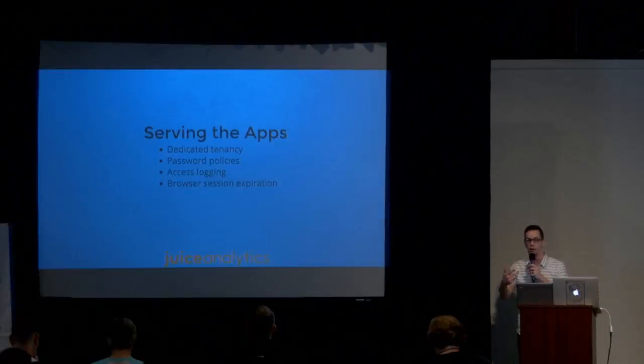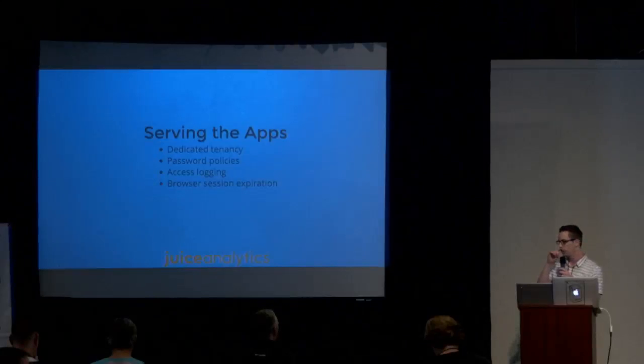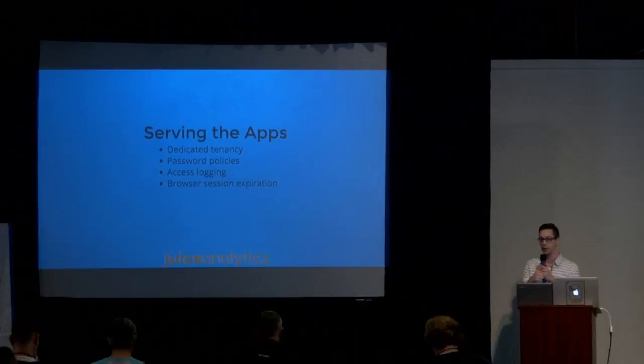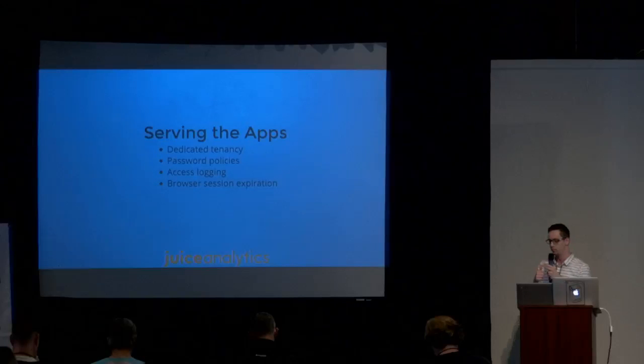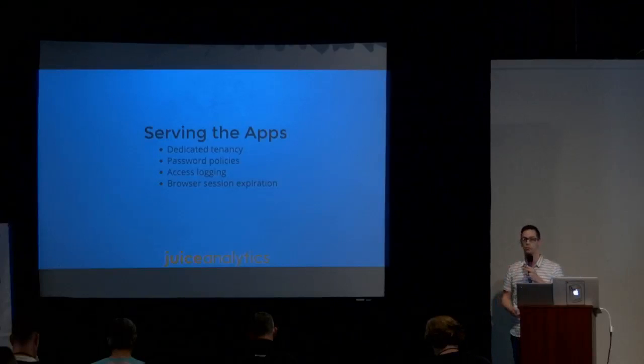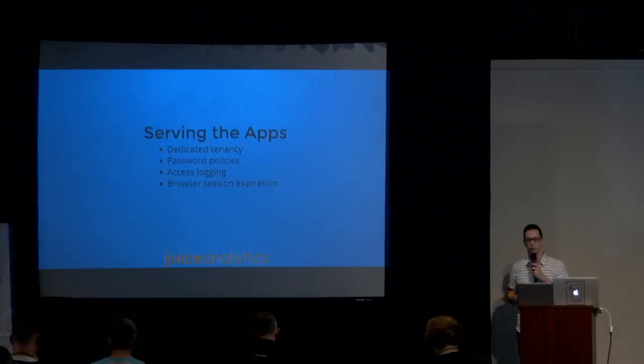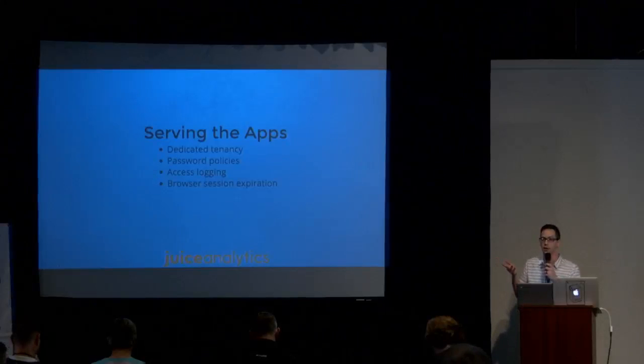So for our application itself, I mentioned we use Django authentication for the back end. We had to implement password policies, and that means complexity and also rotation policies. And the third thing is we have to log any access to PHI.